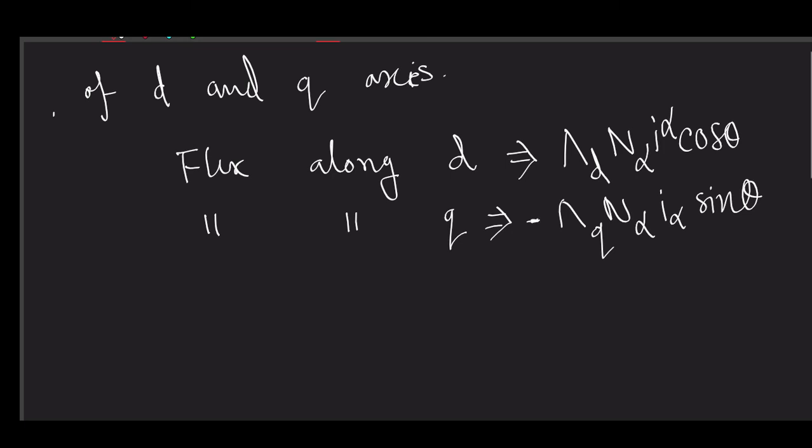Because we can see that, okay, for this time let it be lambda q n alpha I alpha sine theta.